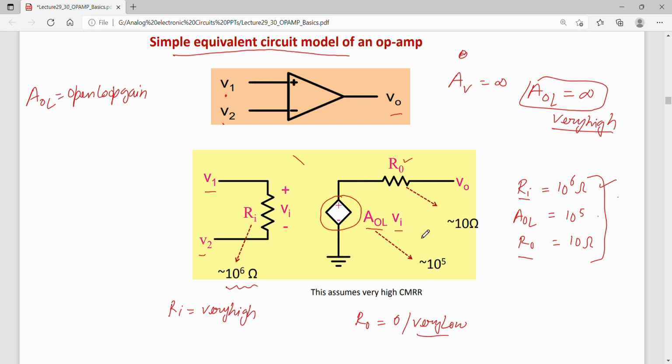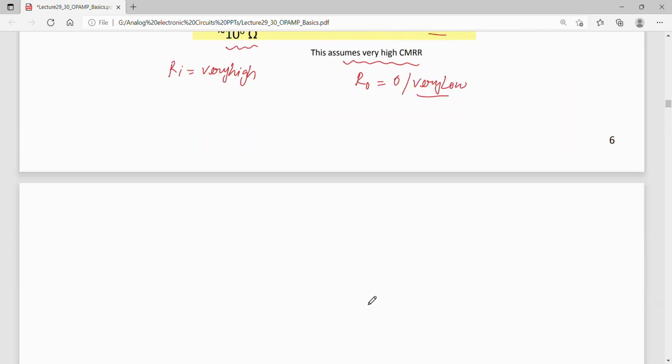Let us say that the open loop gain is somewhere around 10 to the power 5 for this op-amp, and let us also assume that it has a very high CMRR. So the equivalent circuit of an op-amp can be represented by this equivalent circuit model.